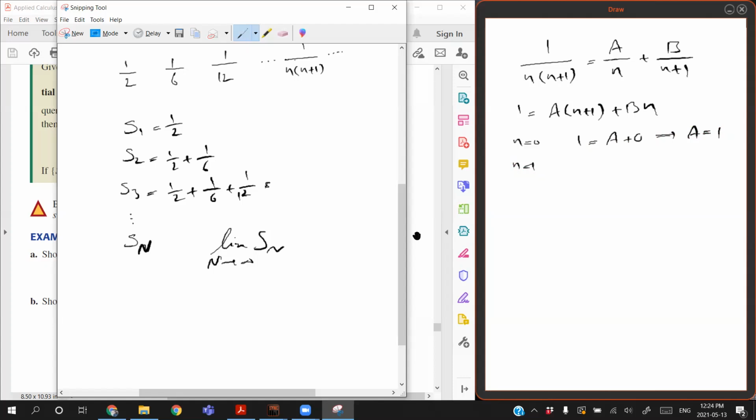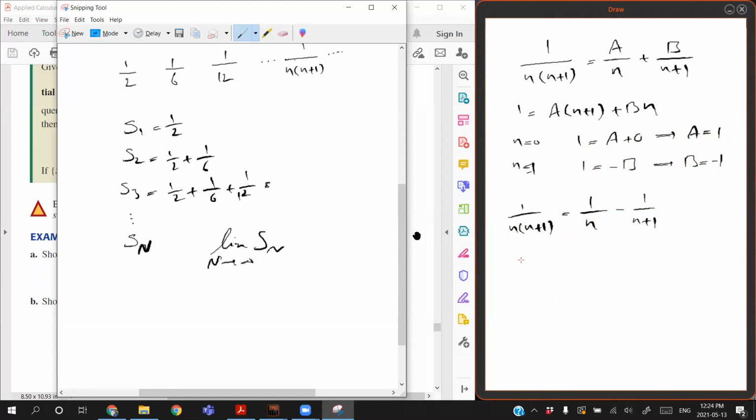And if I plug in -1, that would be easier. That gives me negative b, so b itself is going to be -1. So I can write 1 over n times n plus 1 as 1 over n minus 1 over n plus 1. So these are equal.